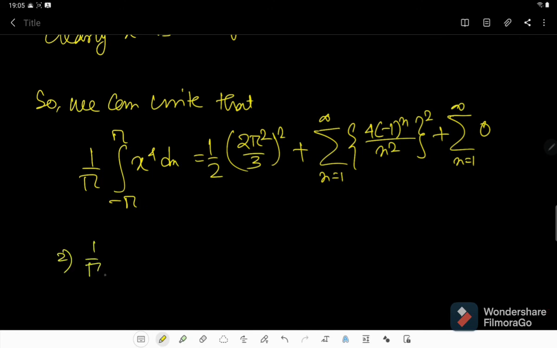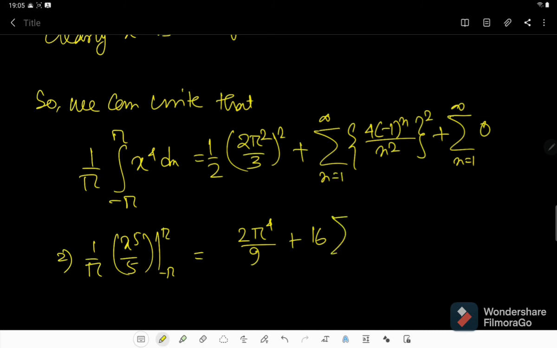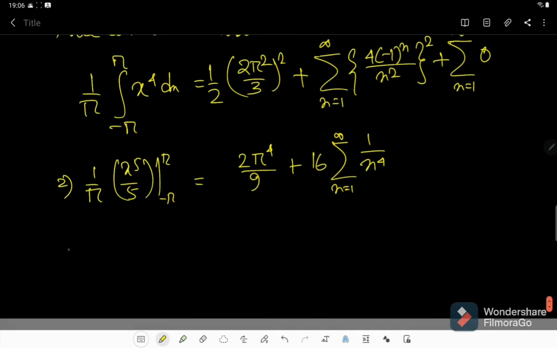So 1 by 5, and if we perform this integration, it will give this equal to 4 pi to the power 4 by 9, and there will be half, so this will be like this. 16 into minus 1 whole to the power n, its square would be 1, so I am writing this, and it would be pi to the power 4 by 5.